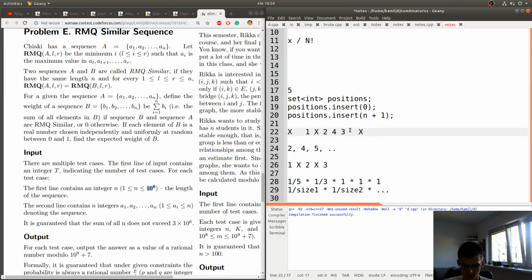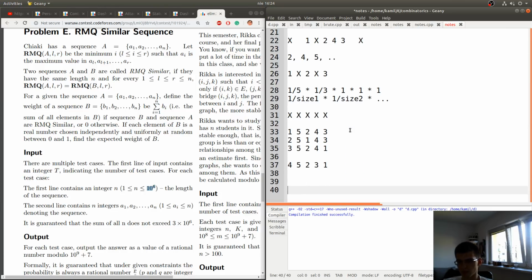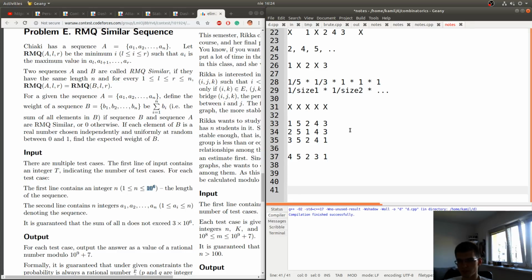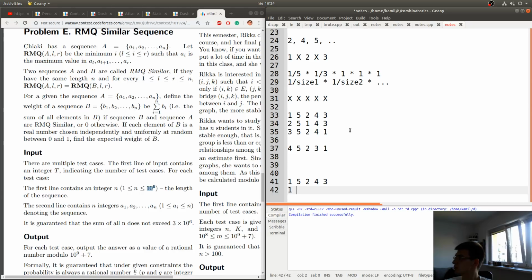What does it mean? So we had a permutation 1, 5, 2, 4, 3. Then we turned numbers off, so we removed them in this order.